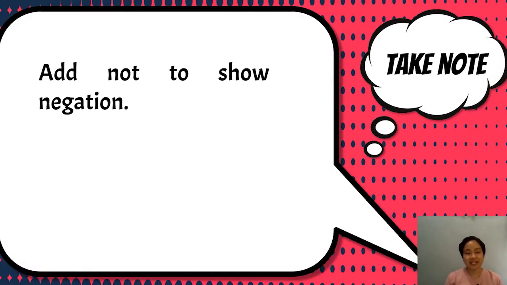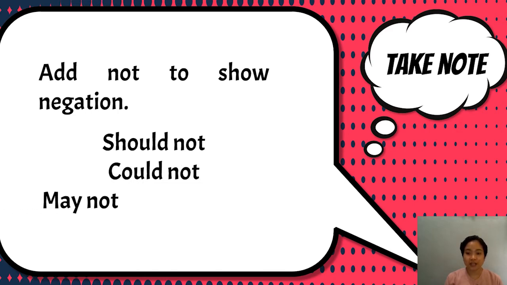You have to take note that the only way to make your statement using modals negative, or to show negation, is to add not, just like should not, could not, or may not.